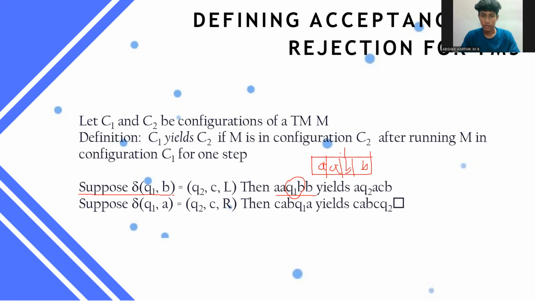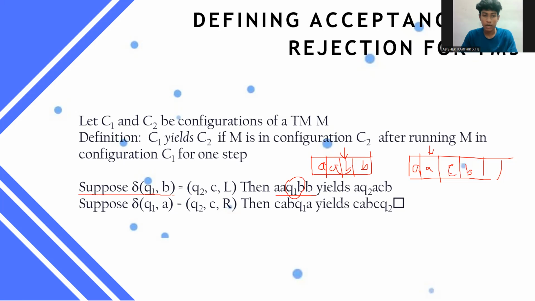The pointer head is pointing to this, in the Q1 state. So in the transition function, this becomes A A C B. The pointer moves one step towards the left, and what used to be B here became C. So that is what this means.